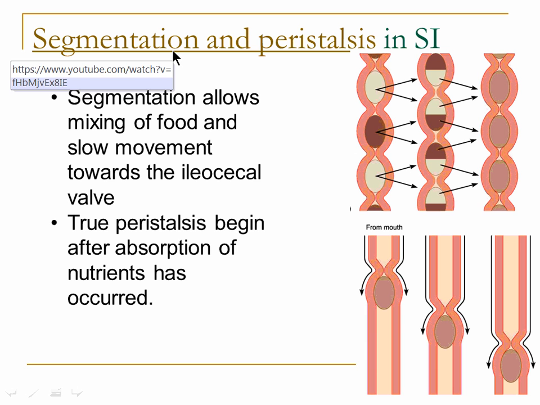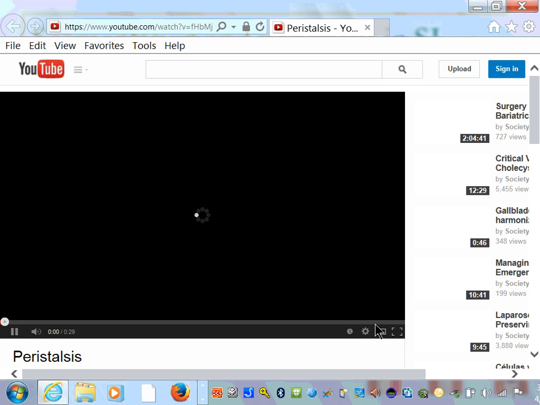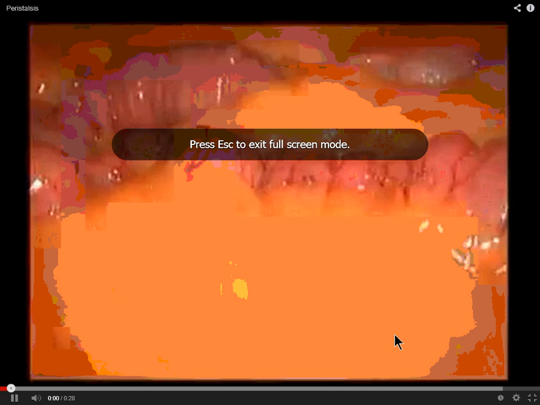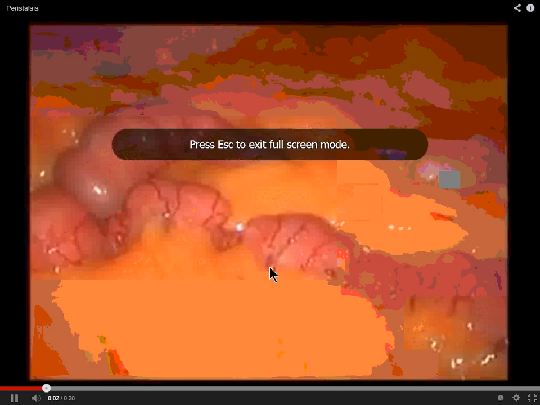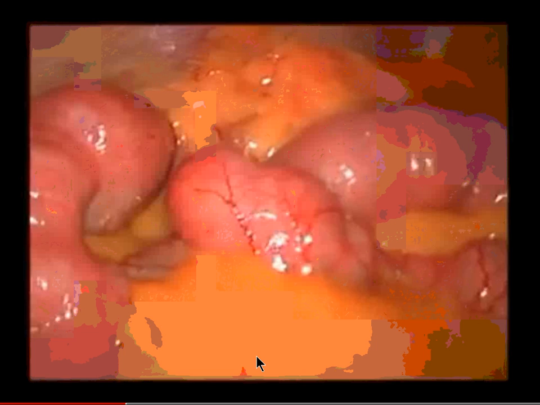So here let's look at both segmentation and peristalsis, and you'll be able to see this quite well in this video. So notice the segmentation occurring here. So see how it's broken into tiny segments as it goes back and forth.